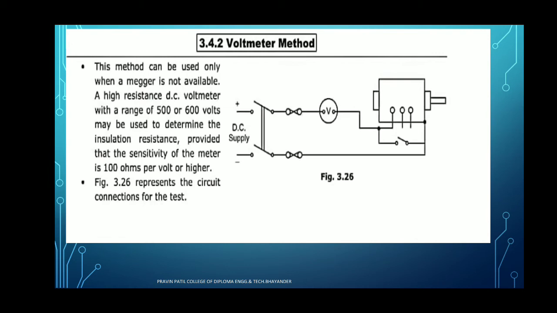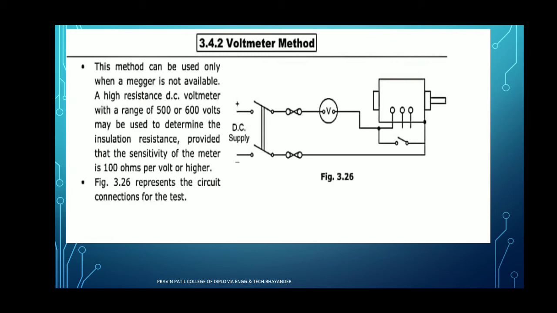If a megger is not available for insulation resistance measurement, then we have to use the voltmeter method. A high resistance DC voltmeter with a range of 500 to 600 volts may be used to determine the insulation resistance, provided that the sensitivity of the voltmeter is 100 ohms per volt or higher. This is the diagram representation: the input DC supply directly feeds the voltmeter.